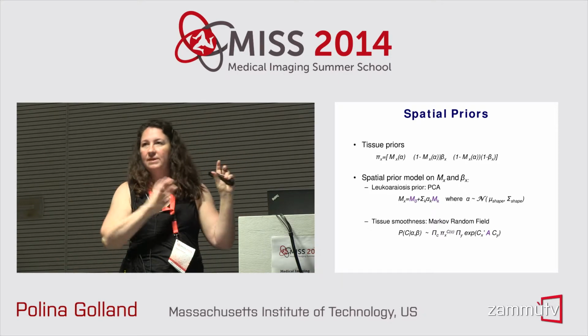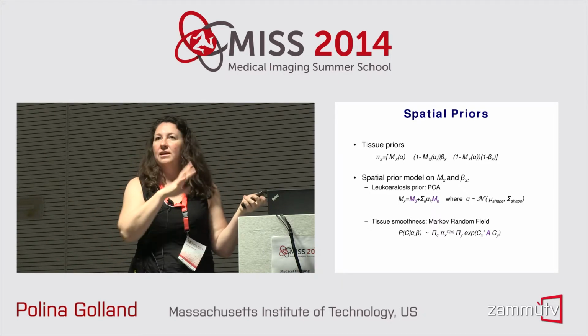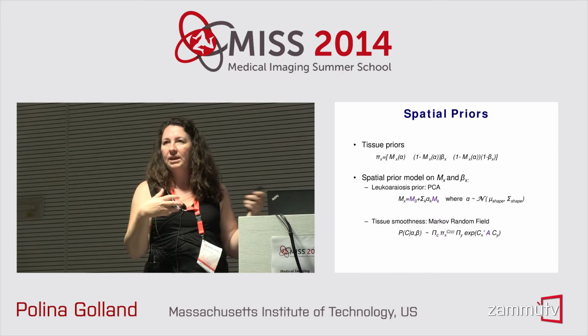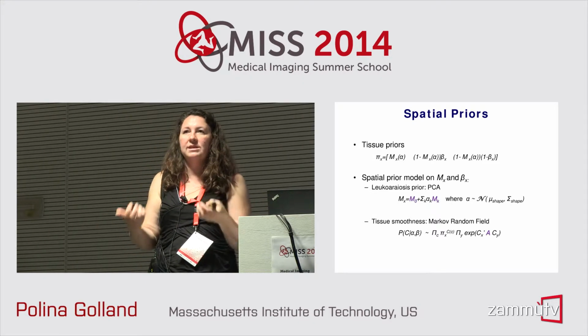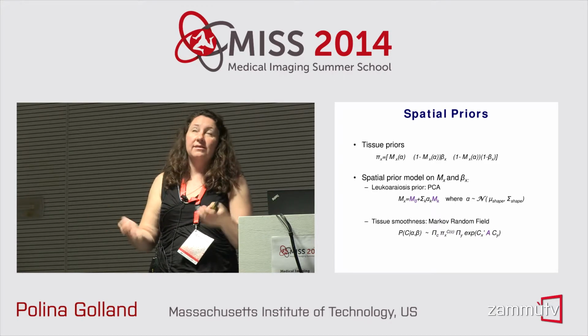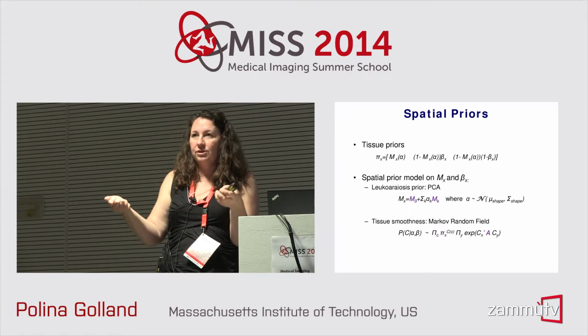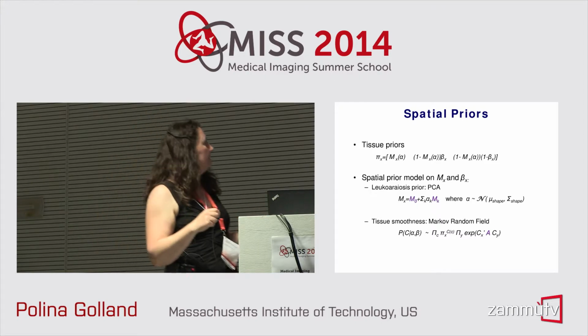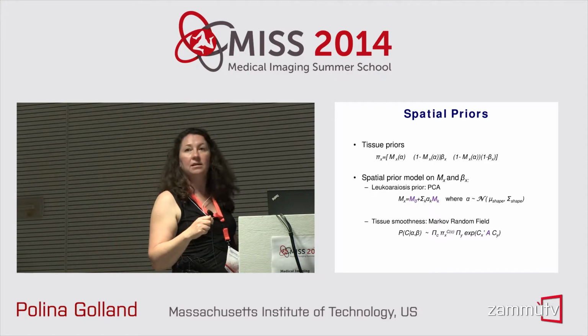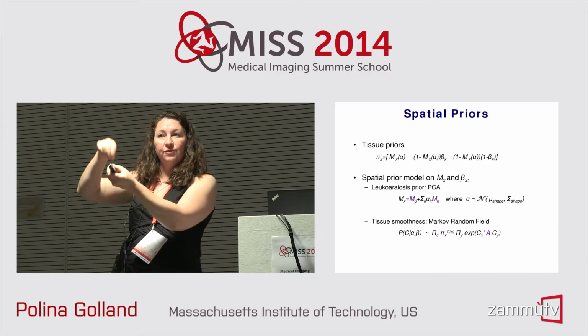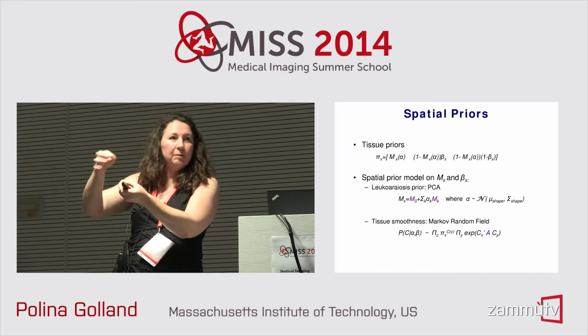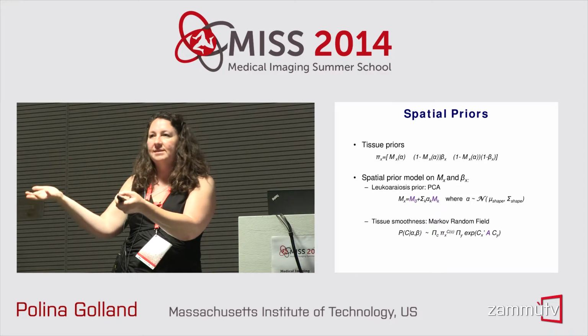And so we just stuck with the simplest thing possible, which again is abuse of technology, but it captures something about how leukoaraiosis occurs in the images. So one thing to notice is that if you took just the mean, it would give you the average frequency, or probability, of having leukoaraiosis somewhere.